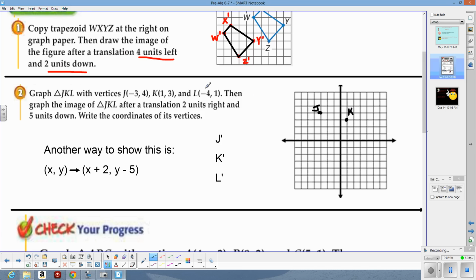And then L is going to be to the left 4 and up 1. We'll label that L. Connect the vertices to make our triangle.